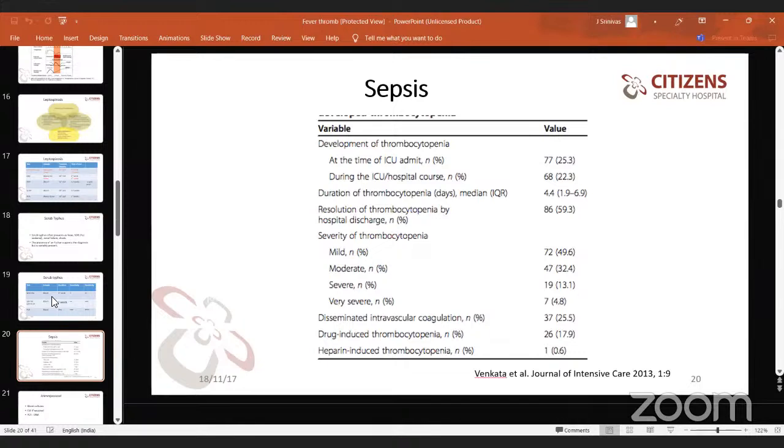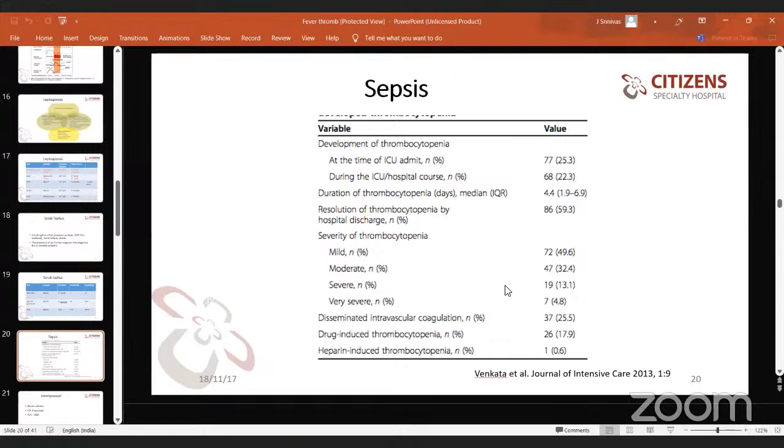Thrombocytopenia is mostly seen in sepsis, because thrombocytopenia we call it when it is less than 1.5 lakhs, because most of the patients will have low platelets, but usually thrombocytopenia alone will not be there, it will be associated with some other organ failure, and usually the thrombocytopenia will not be severe, so that we may not concentrate much.